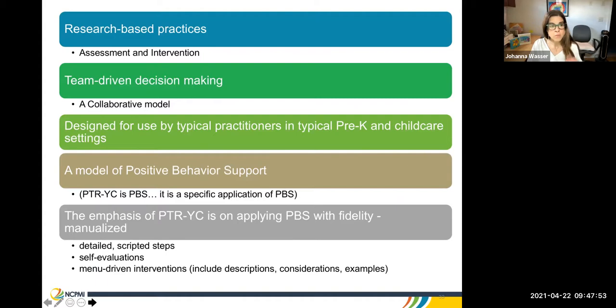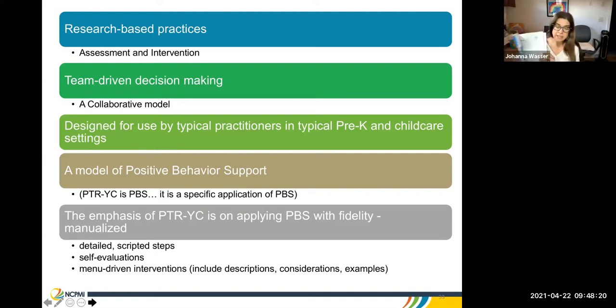Okay, so a little bit more. This is very familiar to you guys, I'm sure, with PBIS and pyramid model, but some of the discrete components to PTR-YC here is that, one, of course, it's all research-based, and in your manuals in the back, which we'll talk about a lot more tomorrow, are these appendixes.